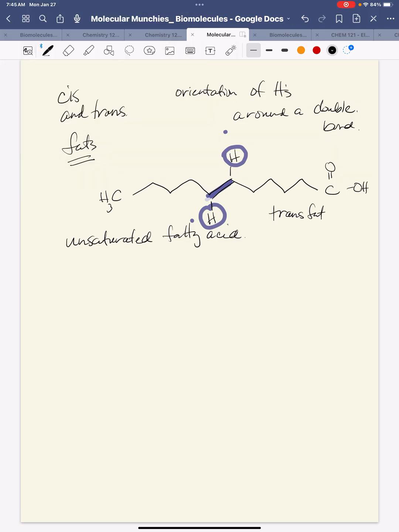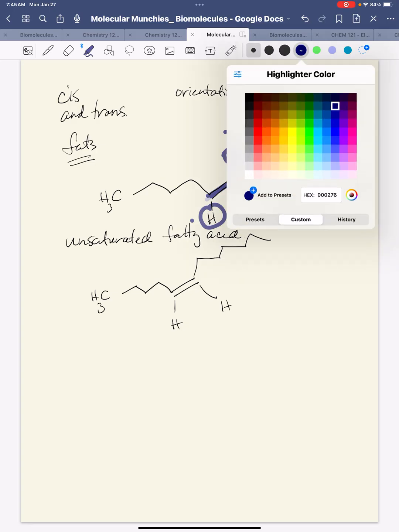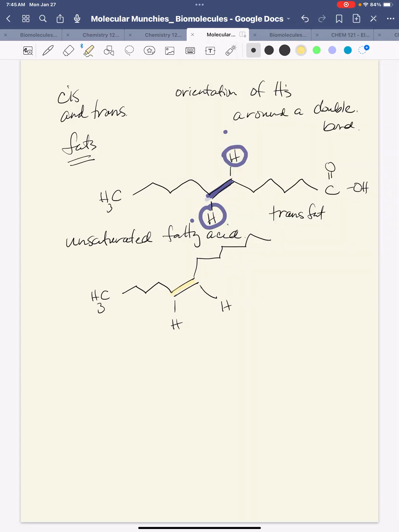So if I were to draw a good unsaturated fat, this is hard to do, so I'm trying. Basically, I'm going to put my double bond in there, and I'm going to go this way with the rest of my molecule. So what I do is I put hydrogens on the same side. So there's our double bond, and there's our two hydrogens.